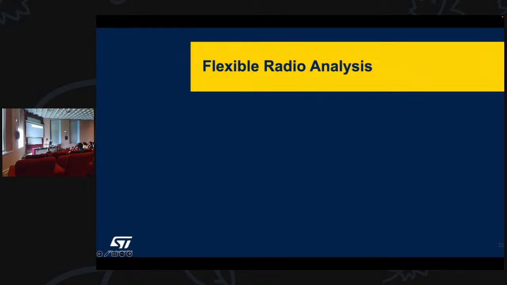Now one point I would like to address is that in 6G, the radio should be smart and flexible. If you want to increase your efficiency, you have to transmit only what you need to transmit, and you also have to transmit it where there is no noise, for instance.